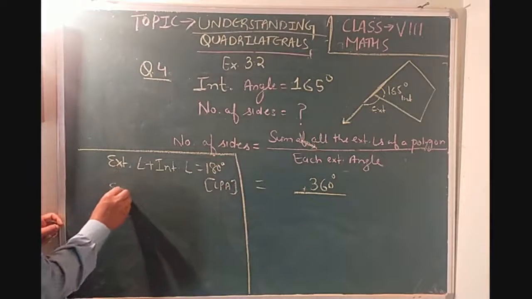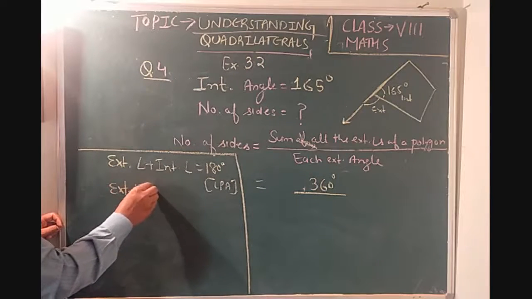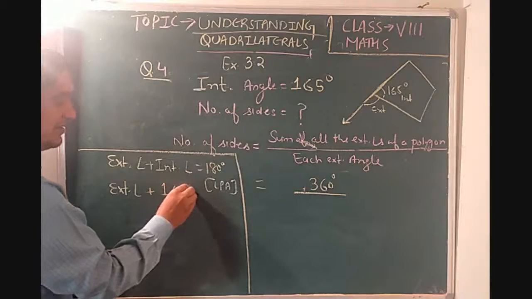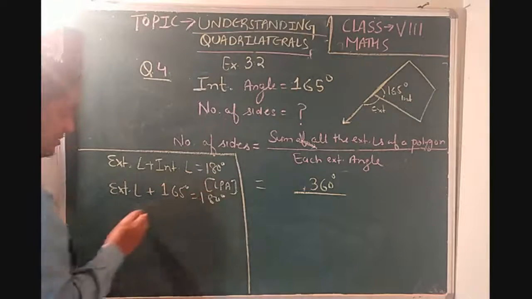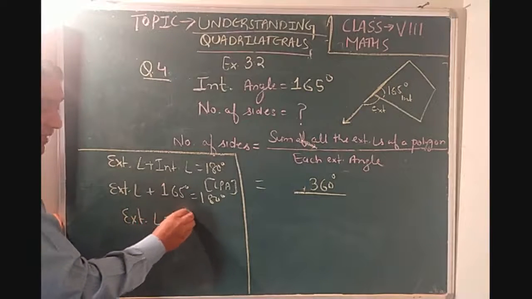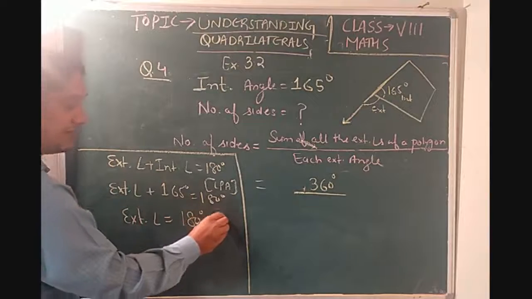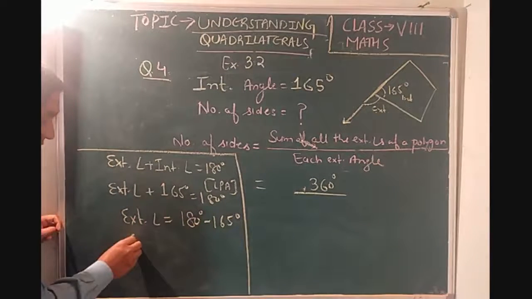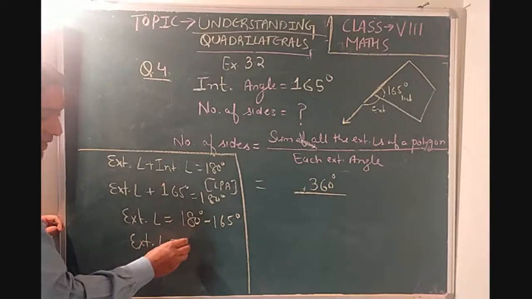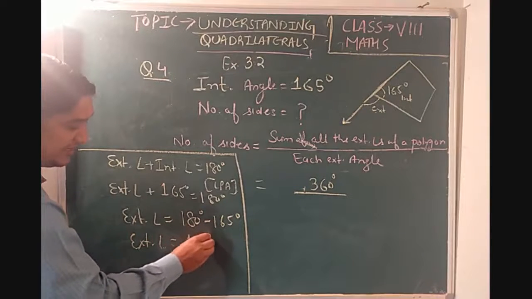Now exterior angle plus interior angle, 165 degrees, equals 180 degrees. So here the exterior angle is equal to 180 degrees minus 165 degrees. Now if we subtract 165 from 180, we get 15 degrees.